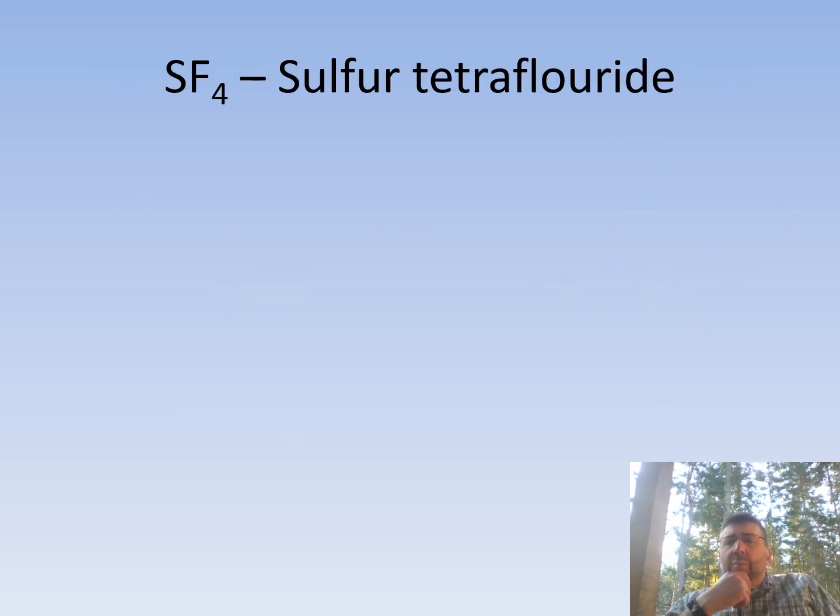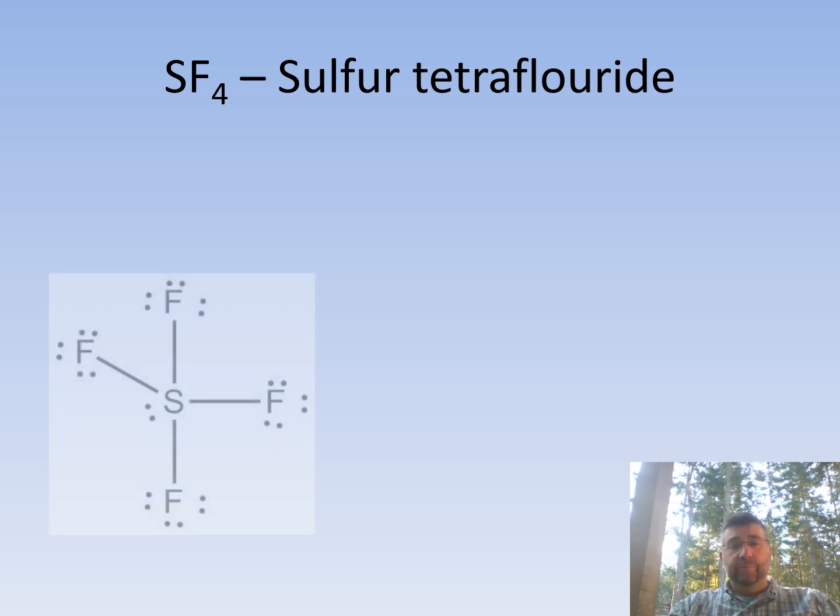Okay, let's try another. Pause the video and see if you can draw the SF4, sulfur tetrafluoride molecule. Okay, so you're probably realizing now fluorine has a higher electronegativity than sulfur, so all 4 fluorines are going to attach to the sulfur.